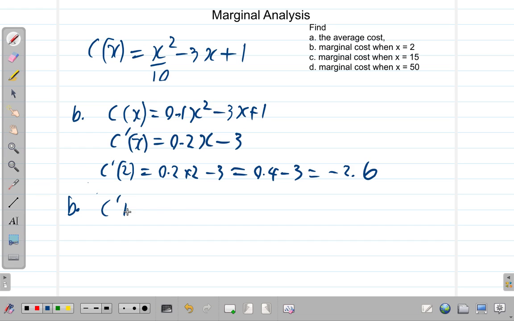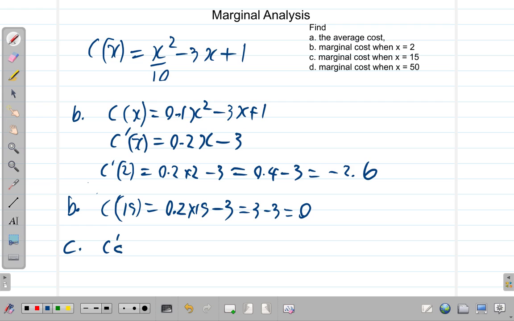So C prime of 15 would be equal to 0.2 by 15 minus 3. 0.2 by 15 would be 3. 0.2 is the same as 1/5. So 3 minus 3, which would be 0.